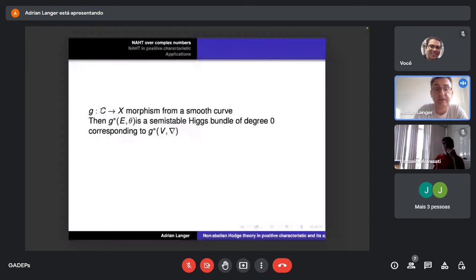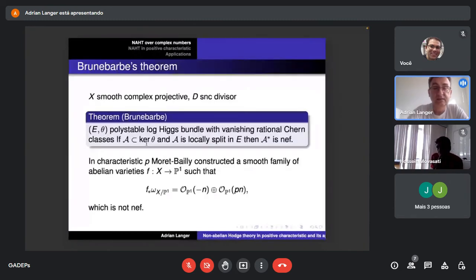Another problem is that even with this Griffiths' theorem that we had, if we consider some algebraically closed fields of characteristic p, Moret-Bailly constructed a smooth family of abelian varieties over a projective line, such that the direct image of the relative canonical bundle is O of minus n direct sum O of p n, where n is a positive integer, essentially.